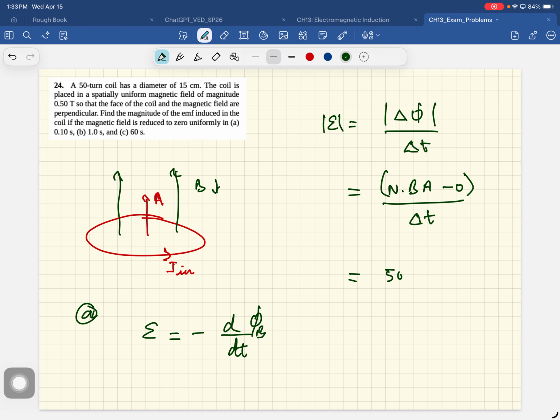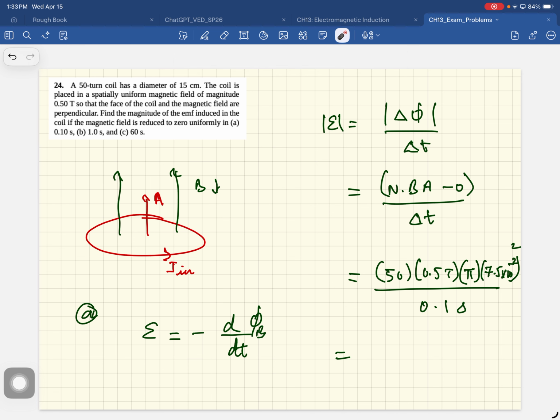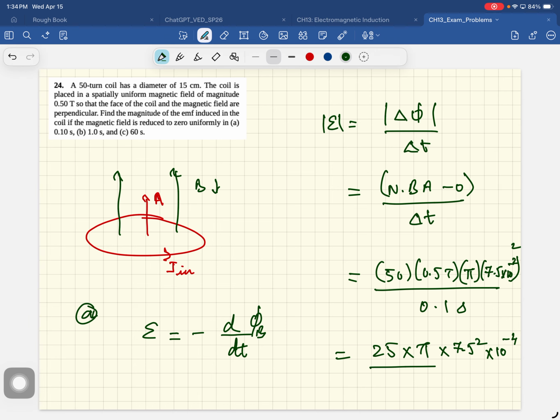All right, so the induced EMF is the change in magnetic field times area, divided by time. So 100 millitesla times pi r squared, with 5 centimeters, 0.05 meters squared. Milli is 10 to the minus 3, and we'll make that 25 times 10 to the minus 4, and then divide by 0.1.